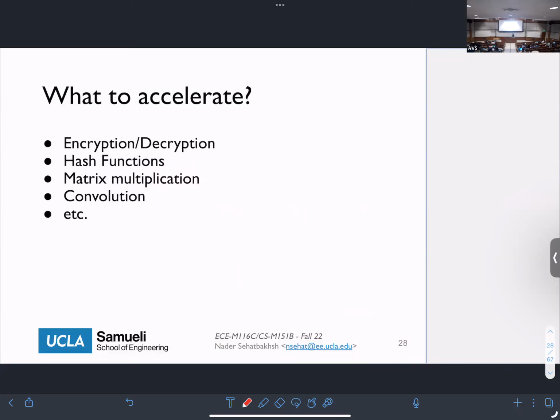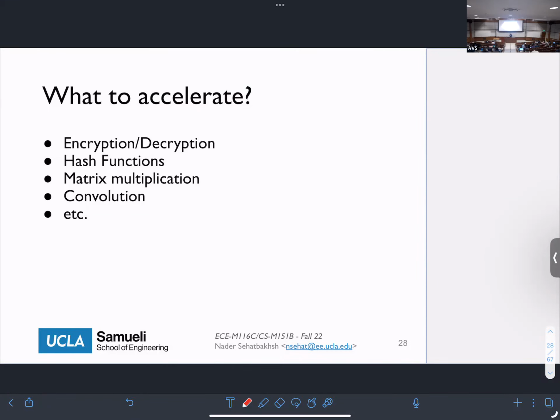So the question becomes what to accelerate. I already told you about matrix multiplication. It's one of the biggest candidates. The reason matrix multiplication is becoming really important these days is because it's extensively used in machine learning, particularly deep learning applications. And deep learning itself is really useful because it allows us to tackle new challenges and problems that we couldn't before. But there are other things.